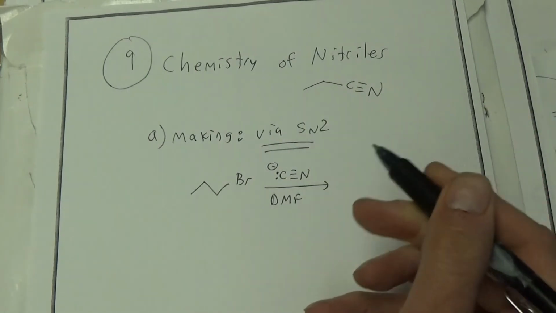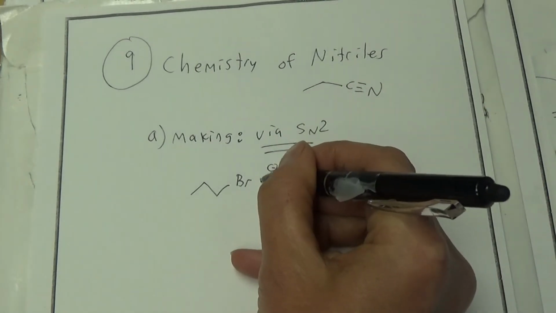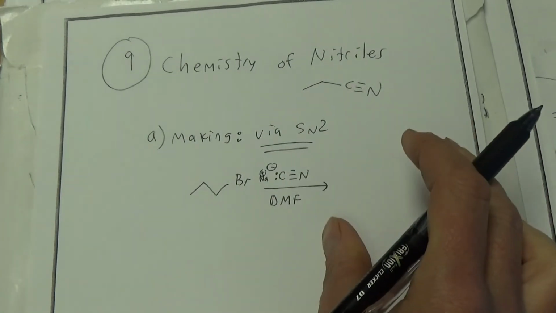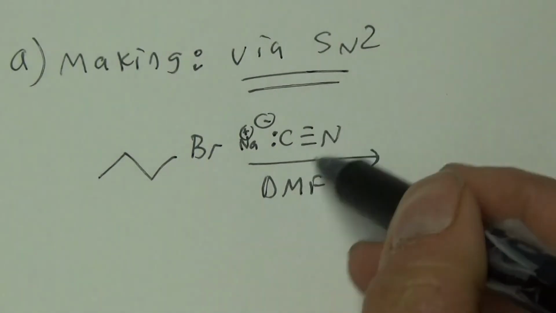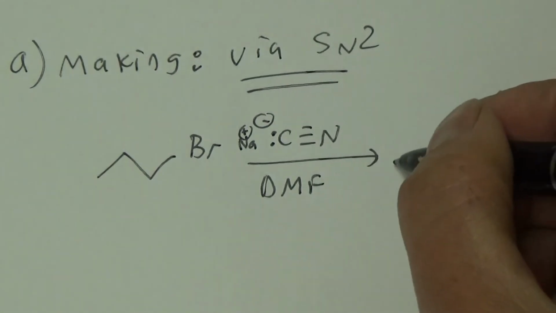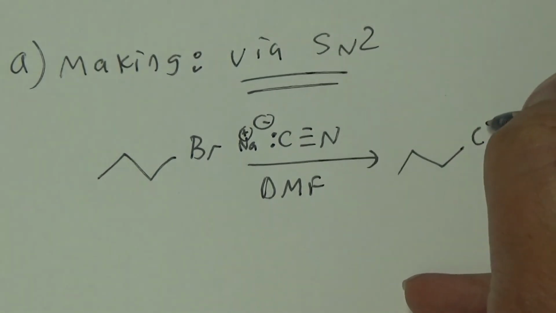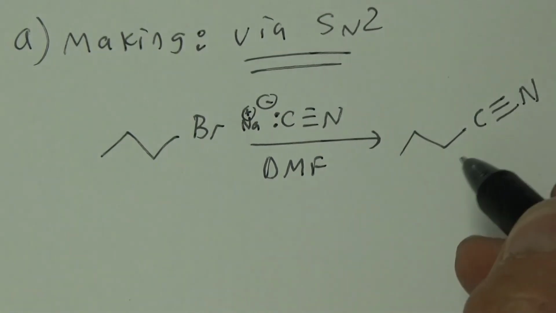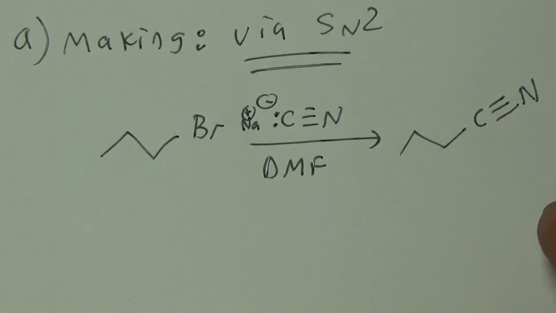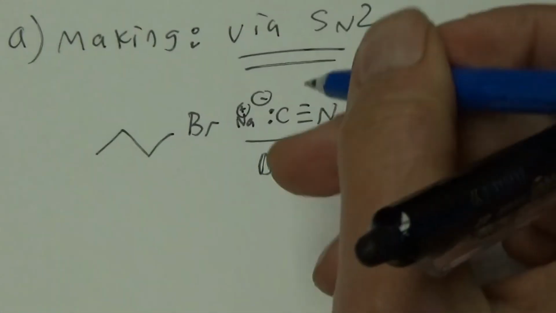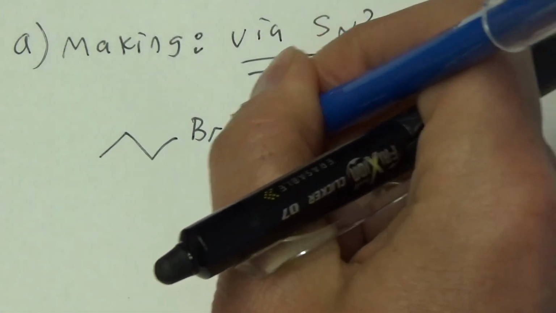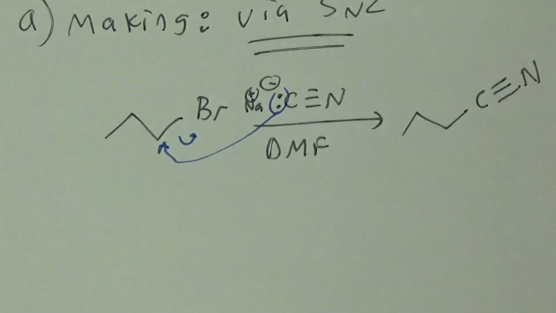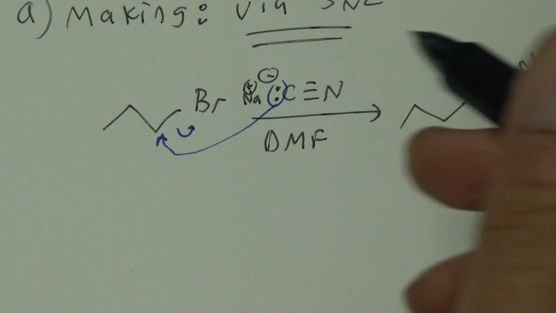Often it's sodium cyanide, Na+, CN minus, or just NaCN. All of those ideas are fine. Make it nice and linear because it's sp, right? Don't draw a bent nitrile if you can avoid it. So the mechanism is that the carbon just kicks off the Br like that. Okay, so it's an SN2 reaction.